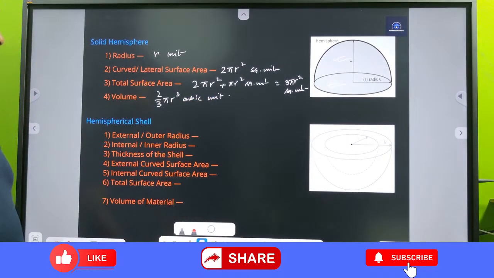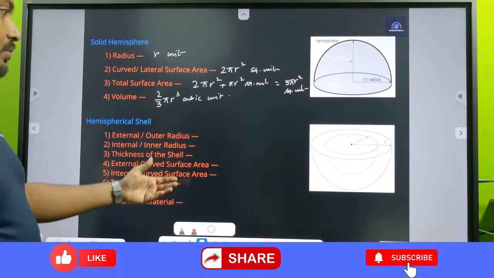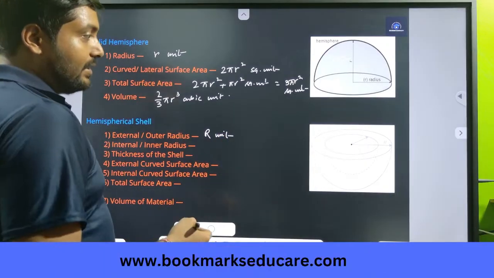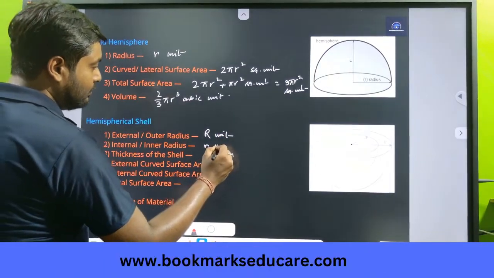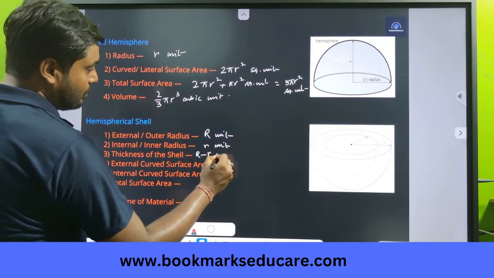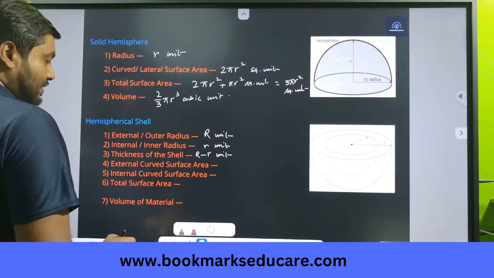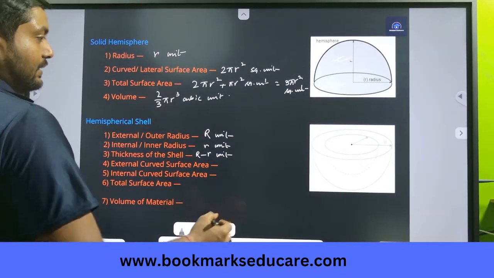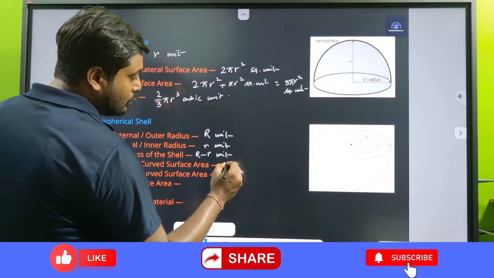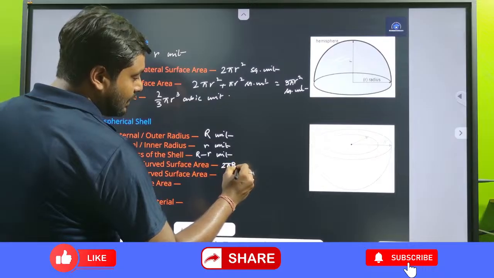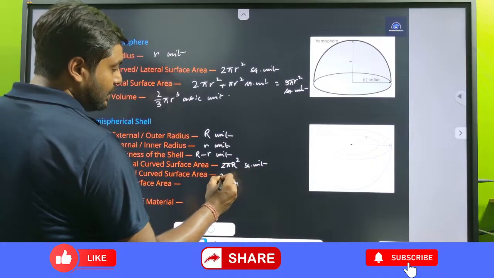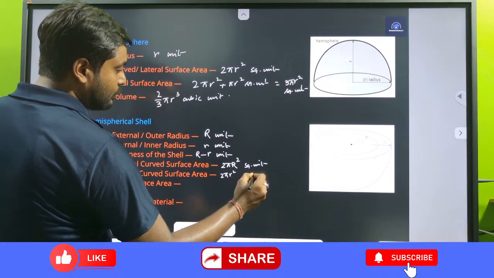And for hemispherical shell, the external or outer radius is capital R unit. The internal or inner radius is small r unit. The thickness of the shell will be capital R minus small r unit. The external curved surface area is 2 pi capital R square unit. The internal will be 2 pi small r square unit.